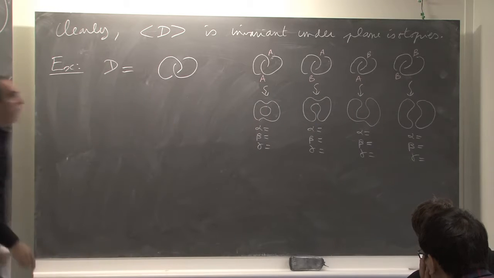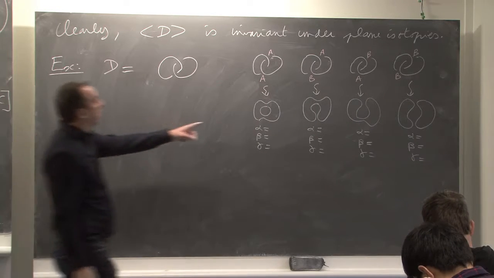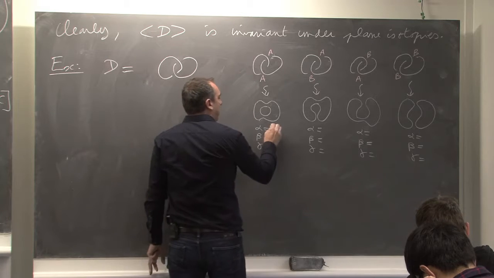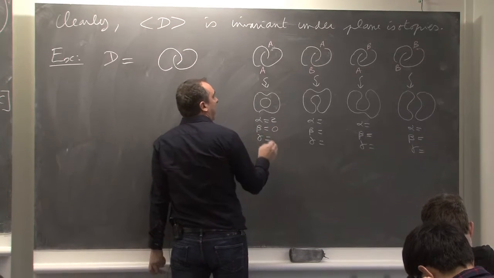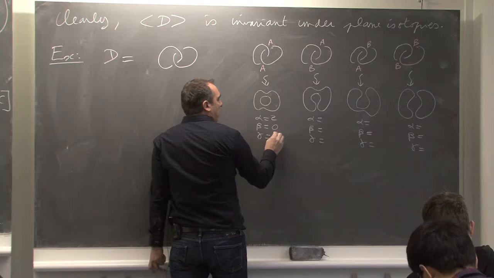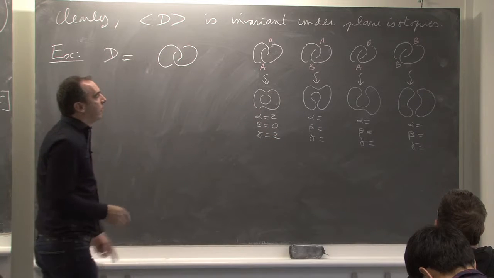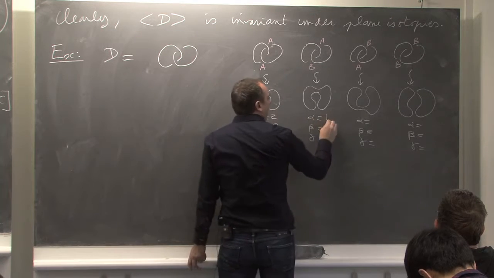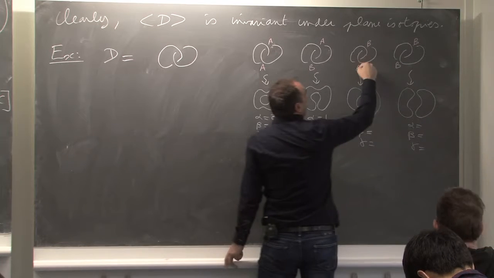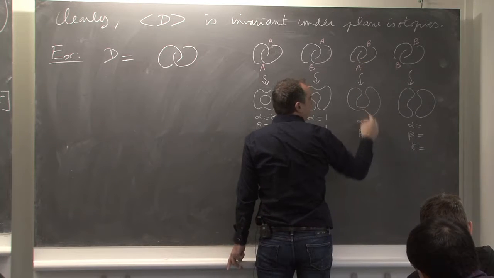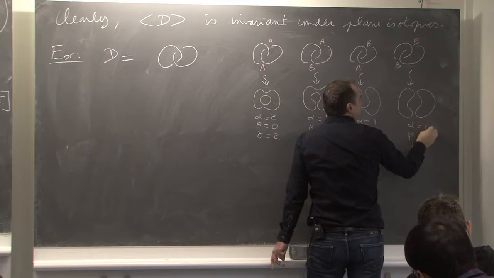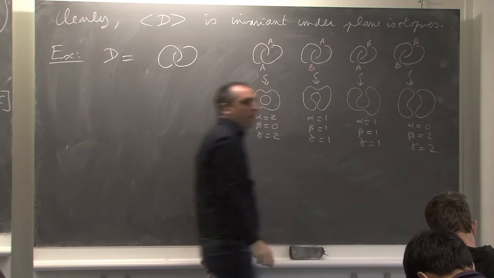Okay. So here we compute the numbers for each state. For the first state, there are 2 crossings in state A, 0 crossings in state B, and there are 2 circles. Here, 1, 1, 1: 1 for A, 1 for B, 1 circle. Then 0 for A, 2 for B, 2 circles.